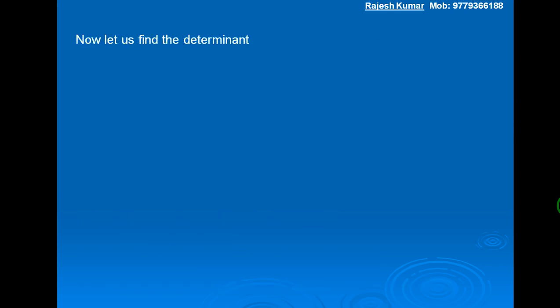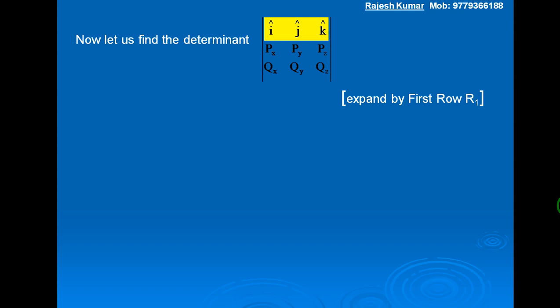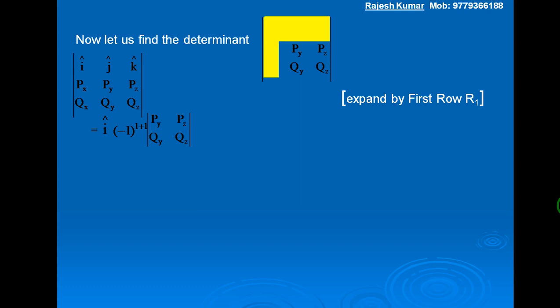Now let us find the determinant. Determinant: first row is i cap, j cap, k cap, second row is Px, Py, Pz, and third row is Qx, Qy, Qz. Expand by first row, that is R1. So we get this determinant is equal to i cap into minus 1 to the power 1 plus 1, because first row and first column, 1 plus 1, into the cofactor Py, Pz, and second row Qy, Qz.